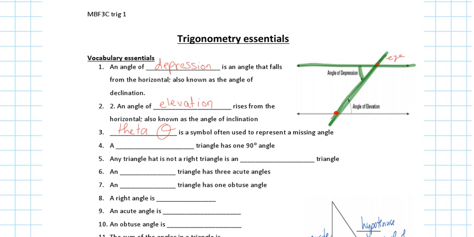So a triangle that has a 90-degree angle, we call them right angle, or a right triangle. You guys remember what I said? What do we call the triangles with no right angle?